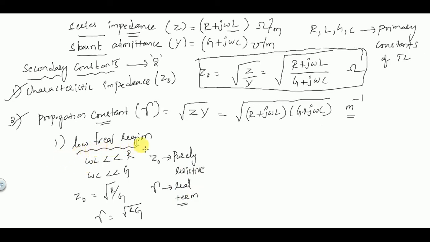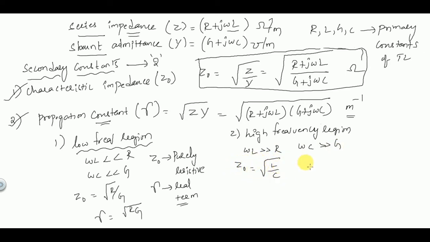When the transmission line is operating in high frequency region, what is the condition? Omega L is very much greater than R, and omega C is very much greater than G. Under this condition, Z0 is equal to root of L by C, and gamma is equal to j omega root LC per meter.